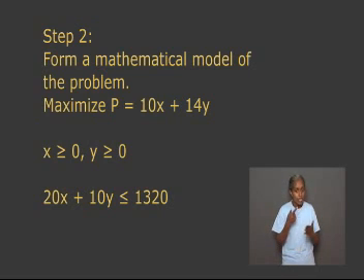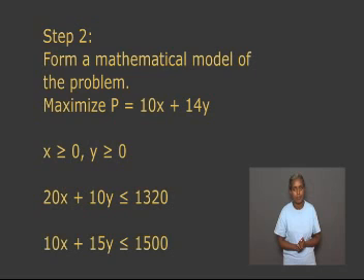This represents the quantities of Model A and B being assembled on line 1. The third inequality is 10x plus 15y is equal to or less than 1,500. This represents the quantities of Model A and B being assembled on line 2.